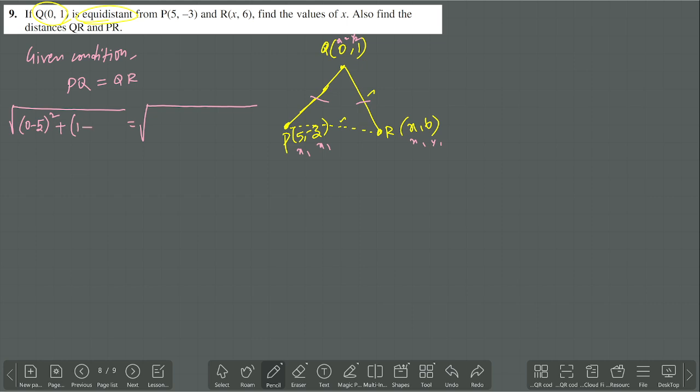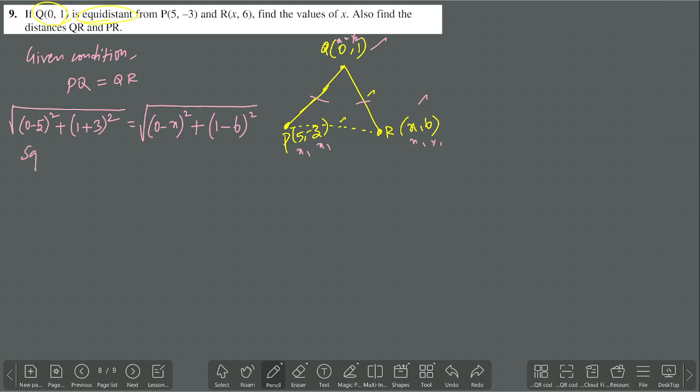Minus the x1 value, minus 3. Again minus and minus, plus 3 square. Is it okay? Now QR points you want to see. So Q and R. What is x2? 0. The x1 value is x, whole square, plus. And y2 value 1 minus y1 value 6, whole square. Do you understand this? Is it okay?